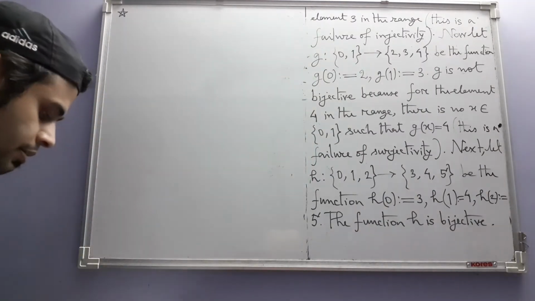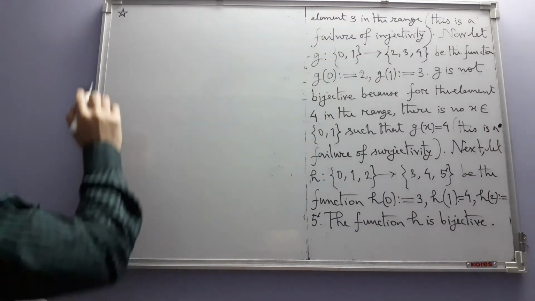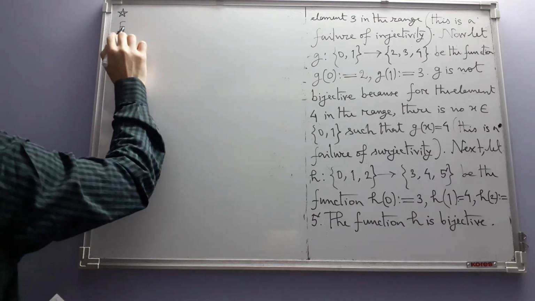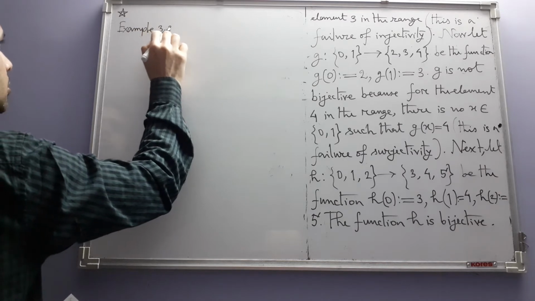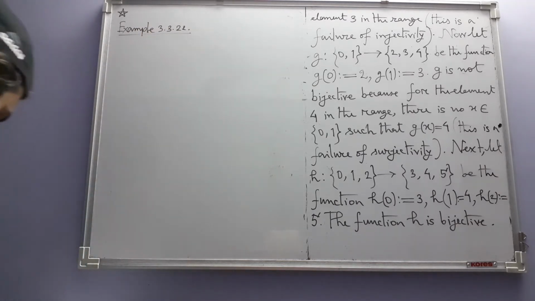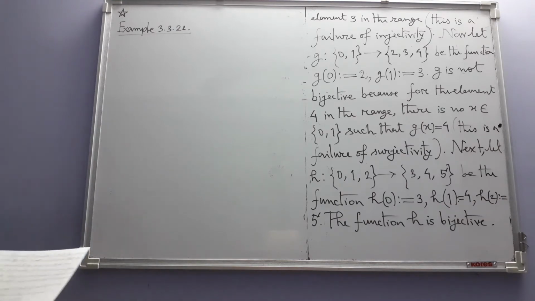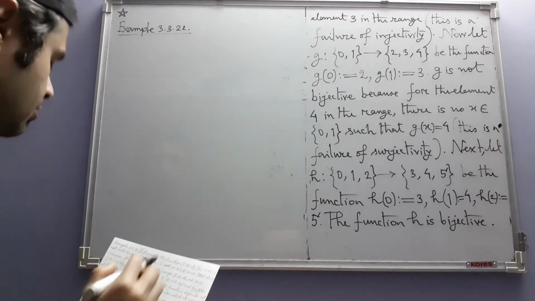Then we see the next example. Next, there is one more example, Example 3.3.22. So what this one says, this is again another example of a bijective function.